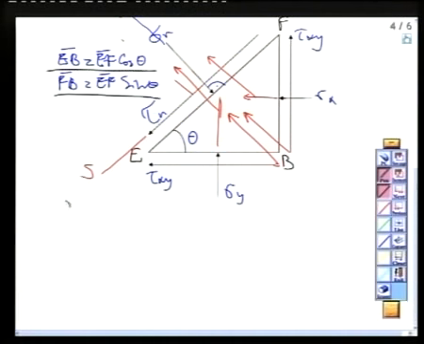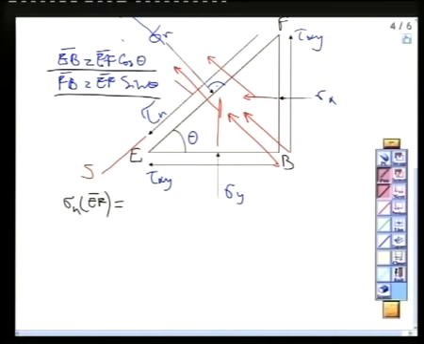Sigma n should be multiplied by EF, because it's an intensity on the whole cross section that it is applied to. Sigma n multiplied by this equals everything else.